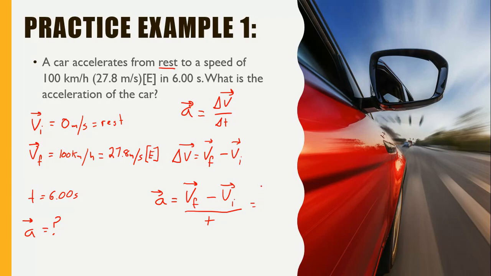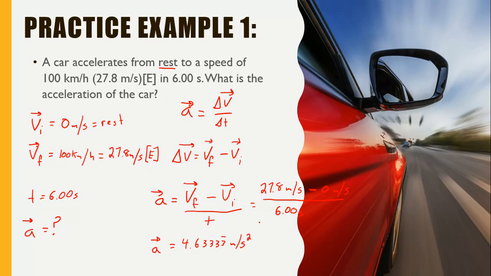VF is 27.8 meters per second minus 0 meters per second divided by 6.00 seconds. Okay, so my acceleration would be 4.63333, repeating, meters per second squared.